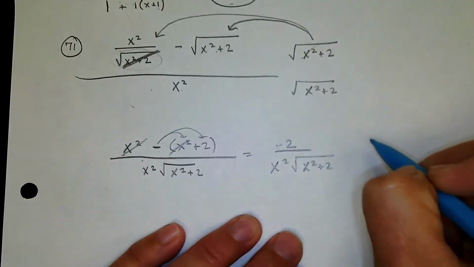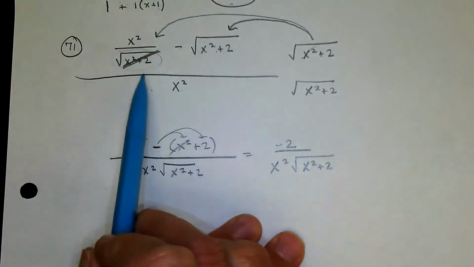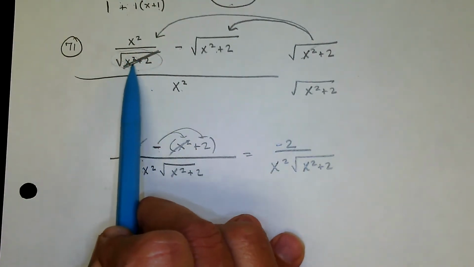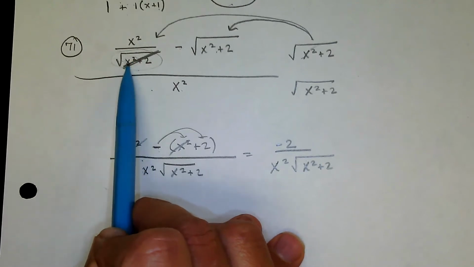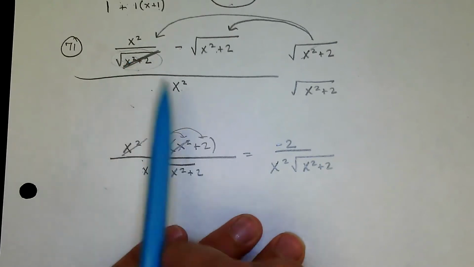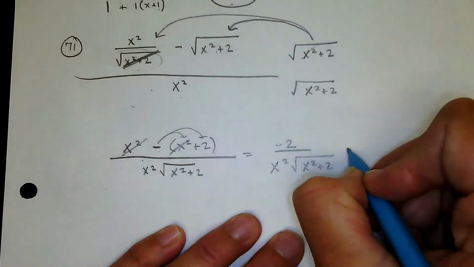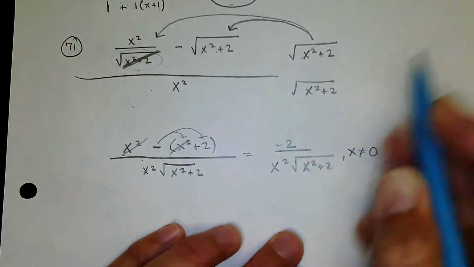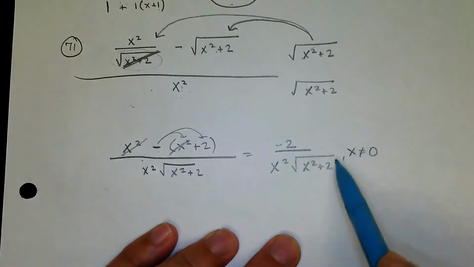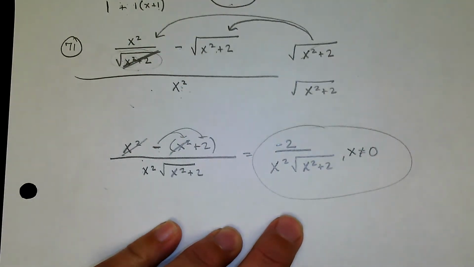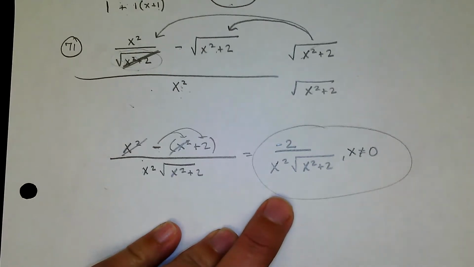Now, x cannot equal, let's see, nothing would make this 0, because this would have to be -2, and it's a something squared, so that'll never be 0. This denominator could be 0, though, so we have to say x cannot equal 0, because if x was 0, that would make us undefined. So -2 over, beautiful. Okay?